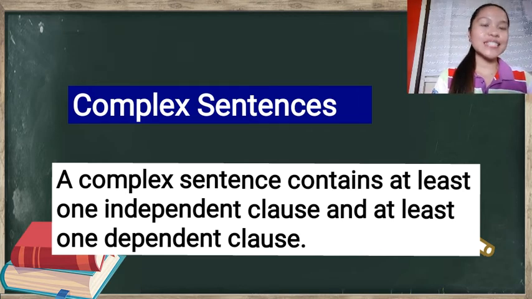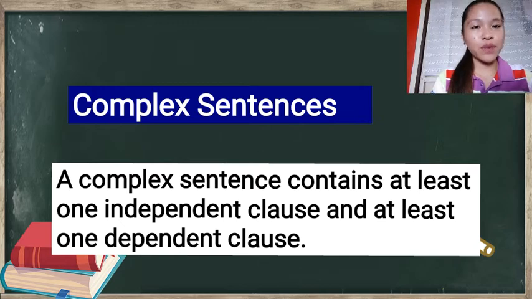A complex sentence contains at least one independent clause and at least one dependent clause. So we have here an example of a complex sentence. All we need to remember is that a complex sentence has at least one independent clause and at least one dependent clause.